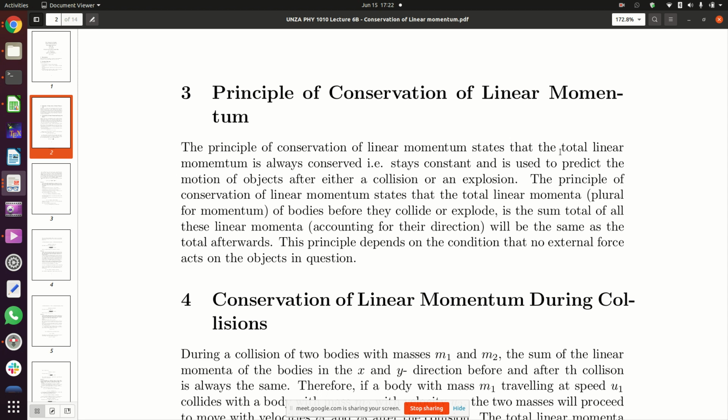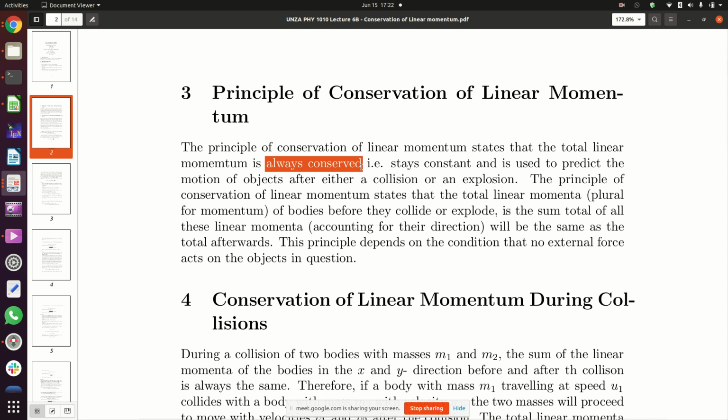Immediately after, of course, this bomb is going to break up into pieces, and these pieces are going to move in different directions. But they will move in such a way that when you work out the total linear momentum of all the pieces just after the bomb goes off, the total linear momentum always has to come back to being 0. That's what it means when we say that the total linear momentum is always conserved.